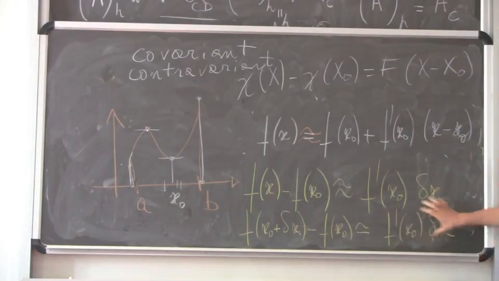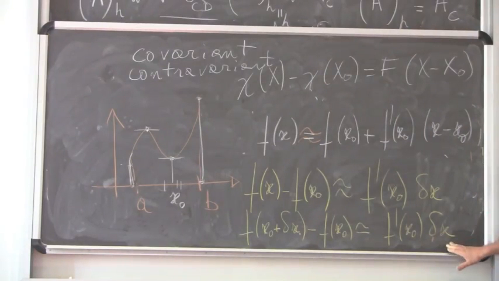We can call this element the first variation of f in the neighborhood of x0. Why first variation? Because you are neglecting the remainder. Okay?